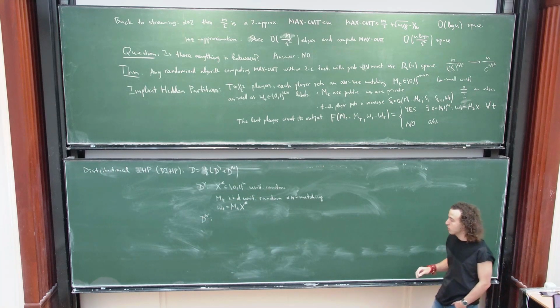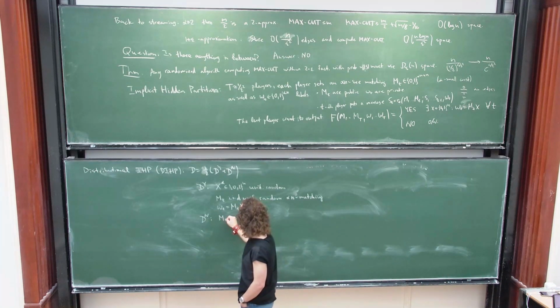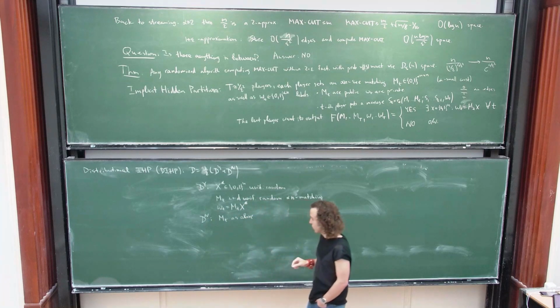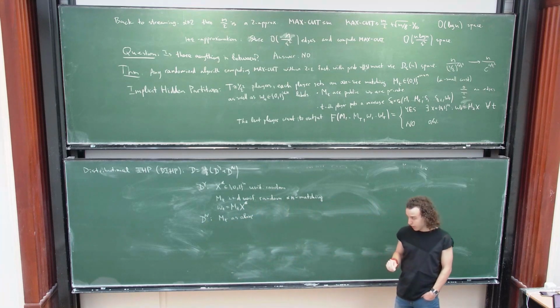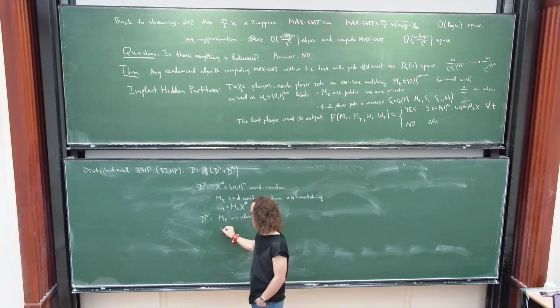What is the no instance? The matchings are still uniformly random, but now the labels omega t are also uniformly random.